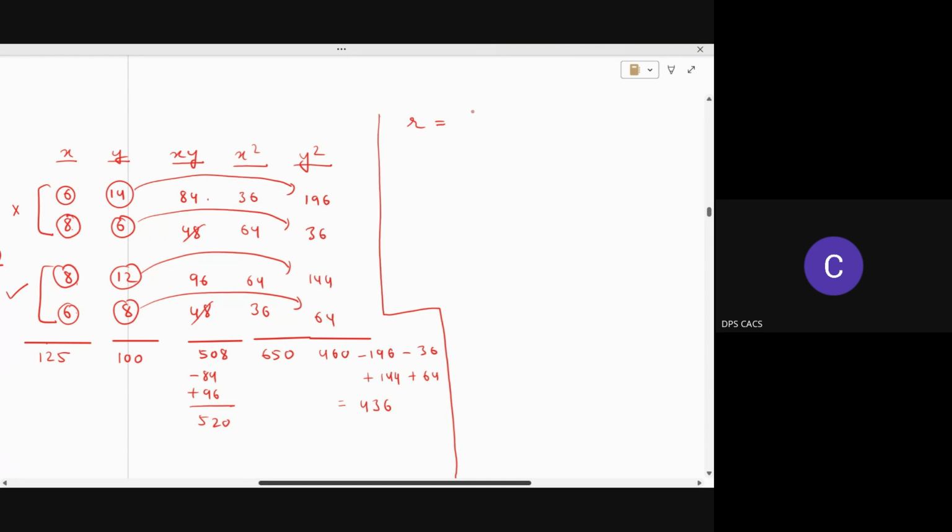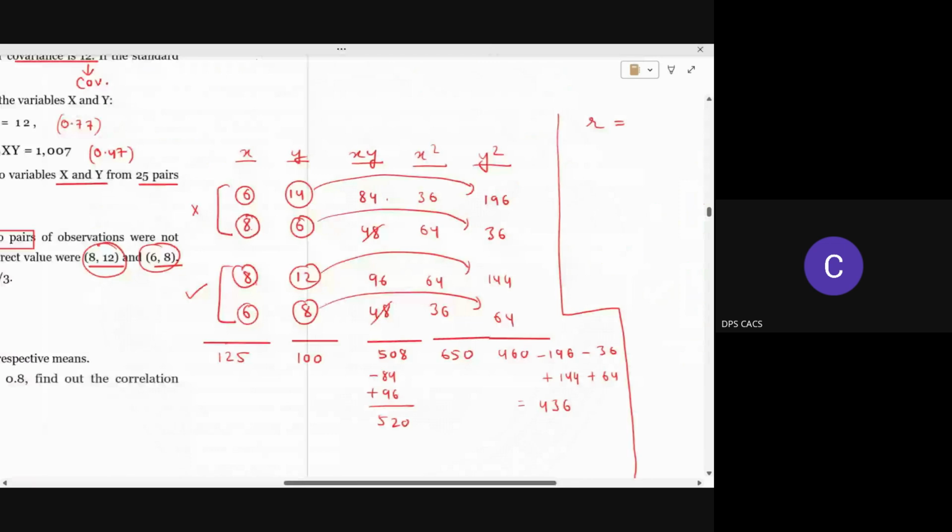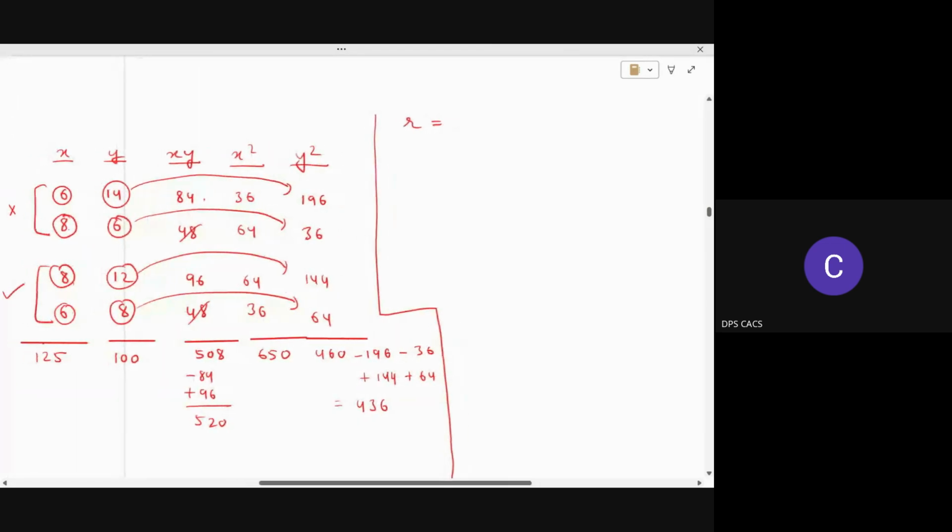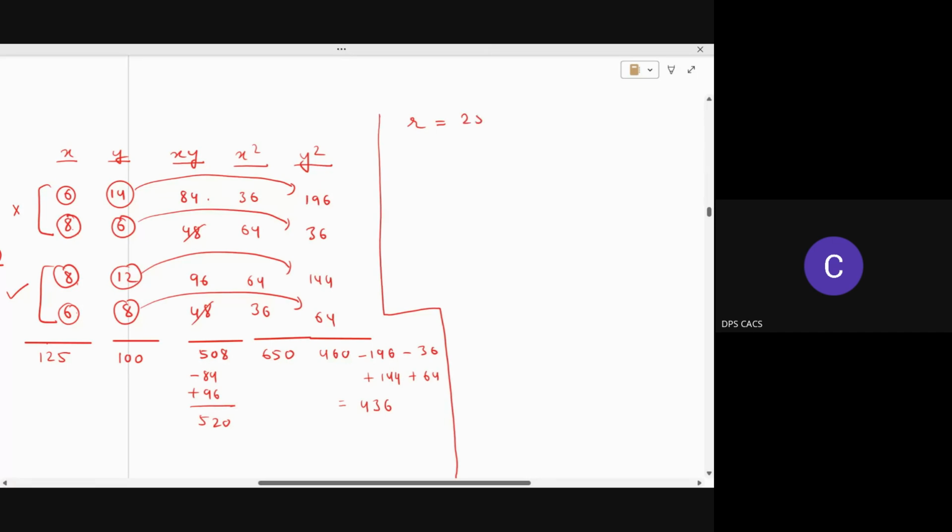Now, n summation xy, what is n given in the question? 25. So coming back to the formula, n summation xy minus summation x into summation y, GT will help you in this. GT button will give you the numerator. In denominator, 25 into 650 minus square of 125, how much is it? 15625.